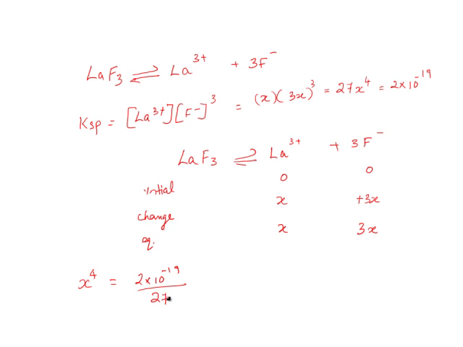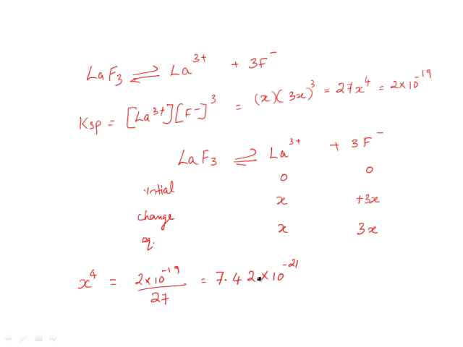What would you get? Two multiplied by 10 to the power negative 19, divided by 27 is 7.42 into 10 to the power negative 21.